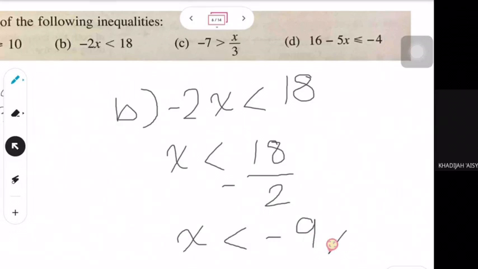Okay, class, what's your comment? Do you agree with Khadijah? Tukar simbol. Khadijah, you have to change the sign direction. Okay, Khadijah? Betul kan tu? Nombor negatif tu betul. The direction of the sign, less than jadi greater than. Oh, okay. Because you divide negative, yeah?